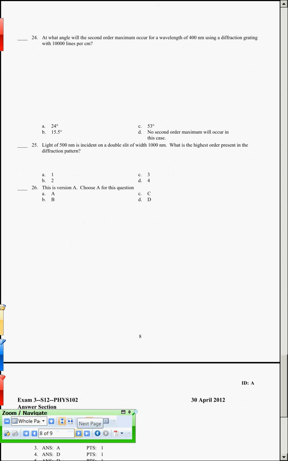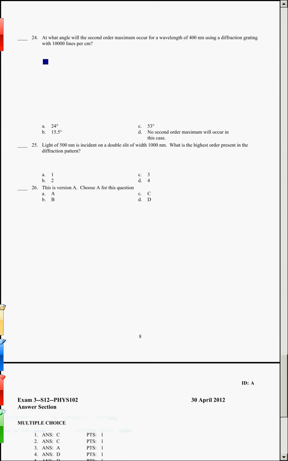At what angle will the second order maximum occur for a wavelength of 400 nanometers using a diffraction grating with 1,000 lines per centimeter? Alright, so m is equal to 2. Lambda is equal to 400 times 10 to the minus 9 meters.